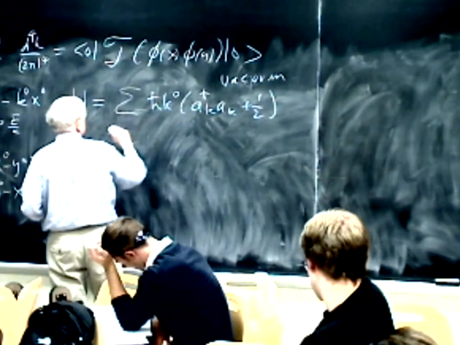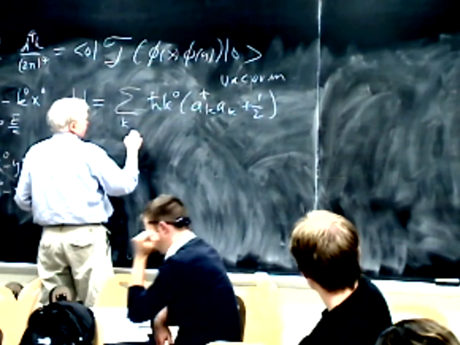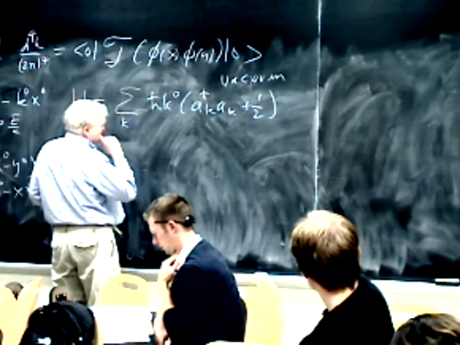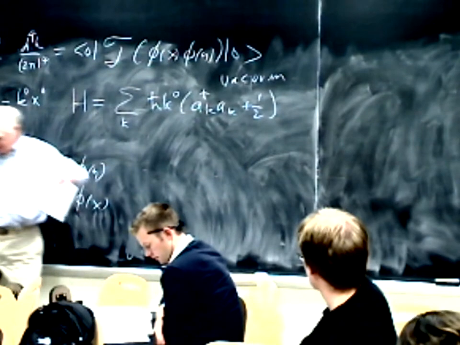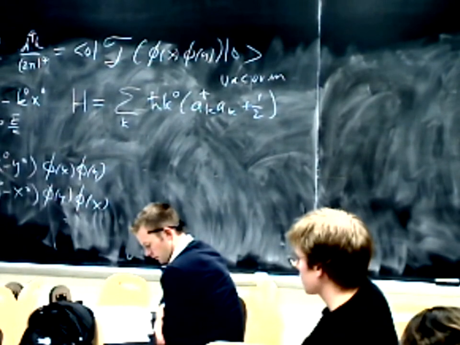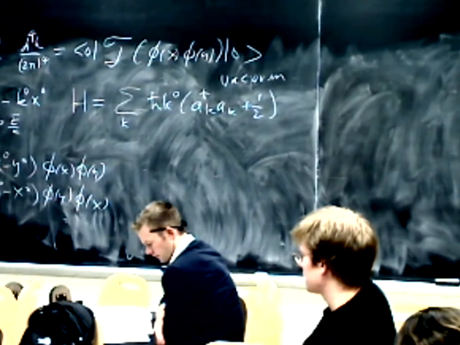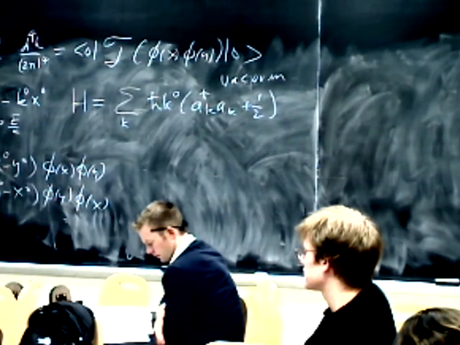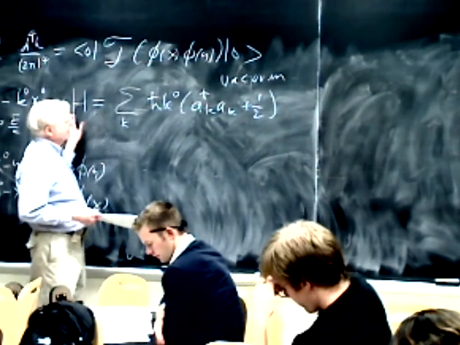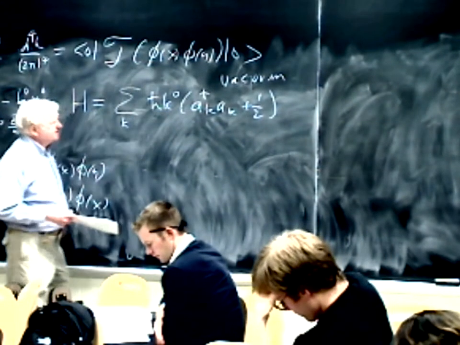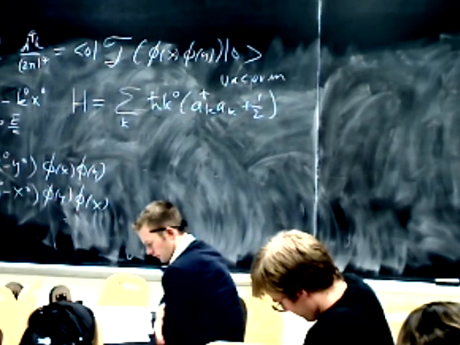So in other words, it's just this sum of harmonic oscillators. Since I'm summing over k, I've essentially put this in a box with periodic boundary conditions. Okay. So in other words, the time evolution of these fields is governed by this simple Hamiltonian, and so that's when this thing is true.